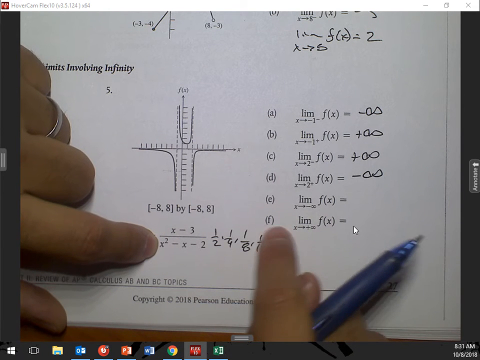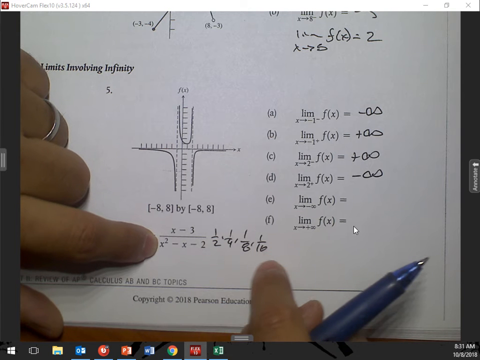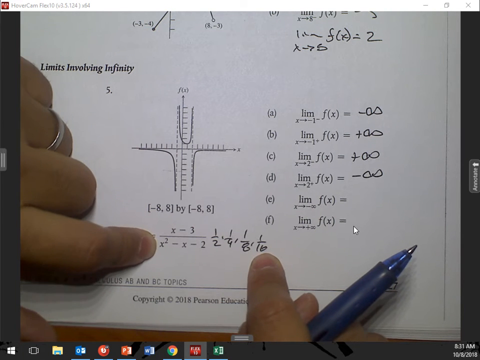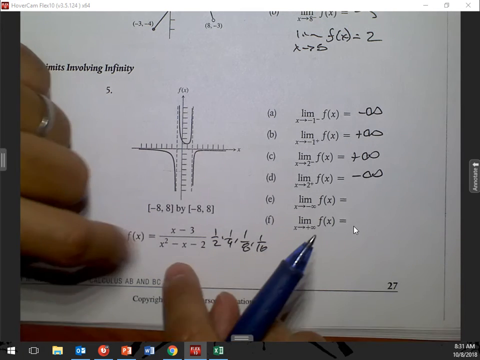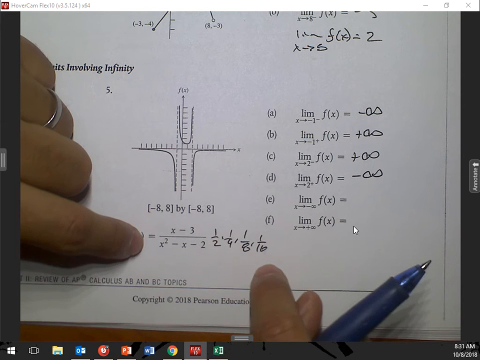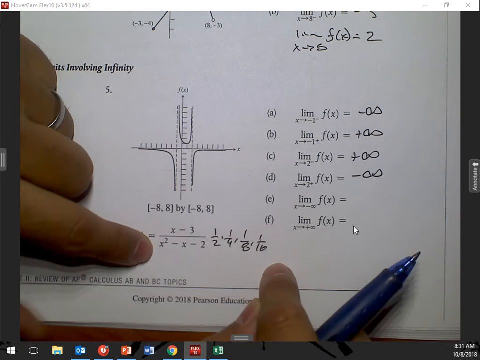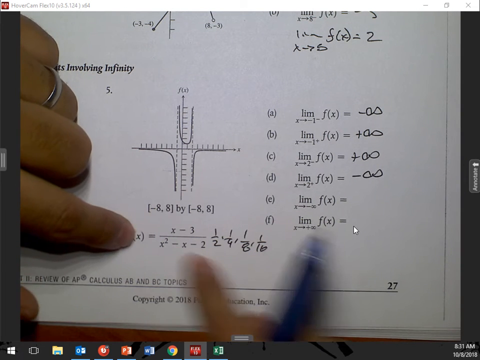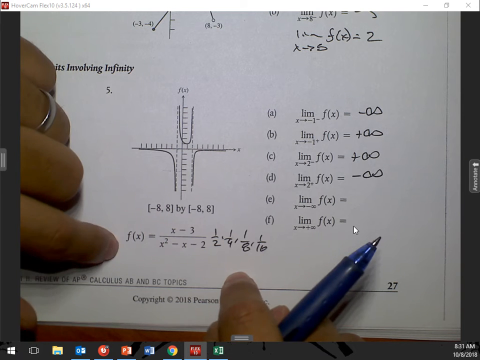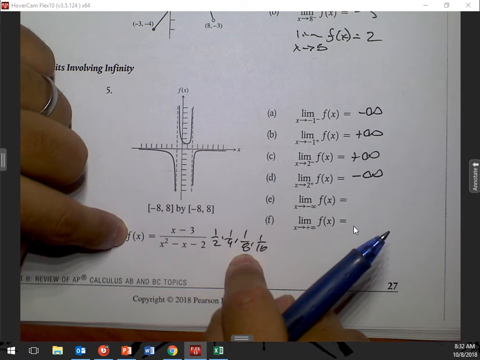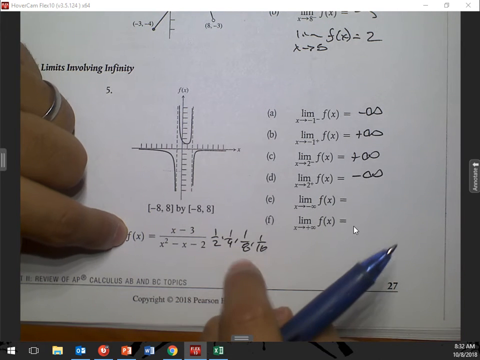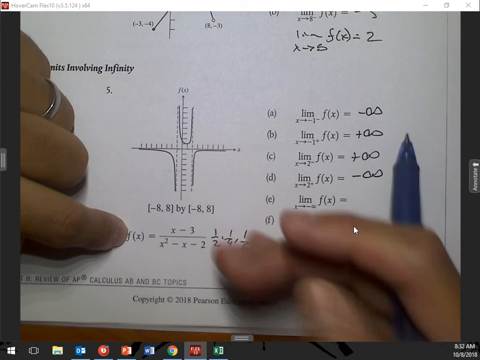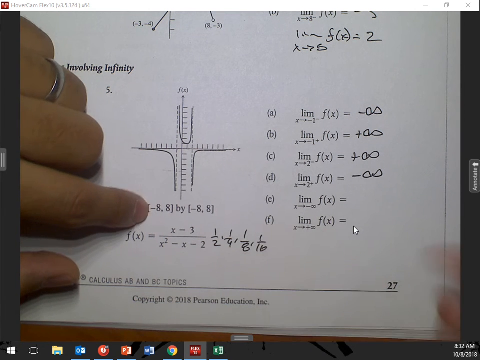So as you get so small, you're going to say that this is going to be 0. It's never actually going to become 0, but it is going to approach 0. The limit will be 0.